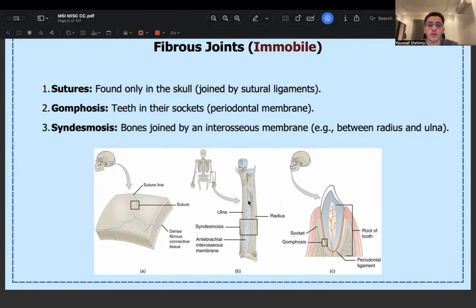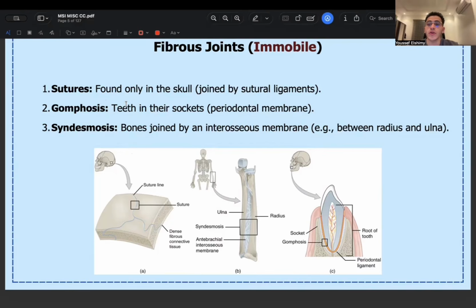Then we have syndesmosis. So some bones are joined together by an interosseous membrane. Think about the ulna and the radius. They are joined by an interosseous membrane as well as the tibia and the fibula. So this interosseous membrane is called syndesmosis and it is considered a fibrous immobile joint. So to recap, we have three types of fibrous joints.